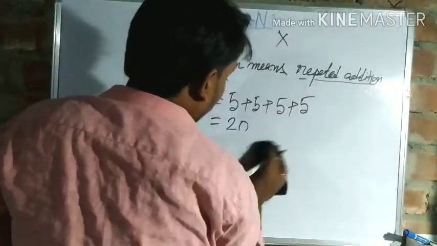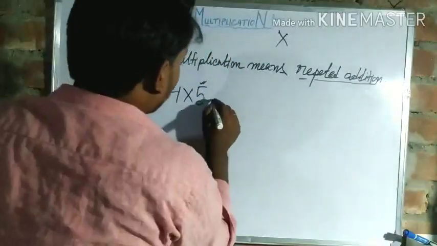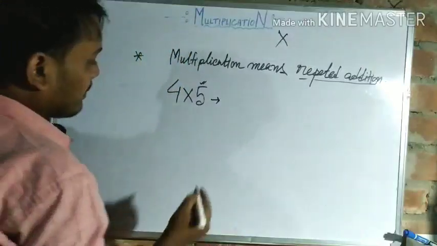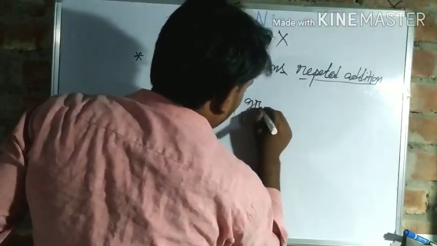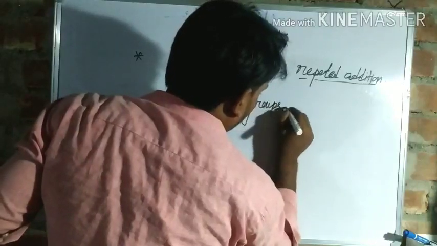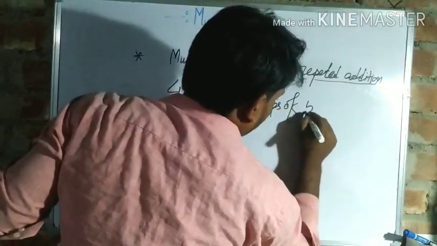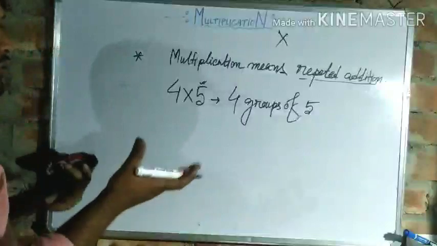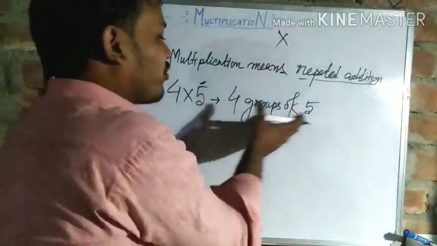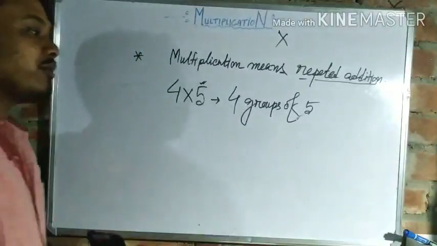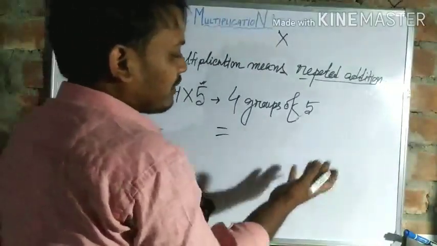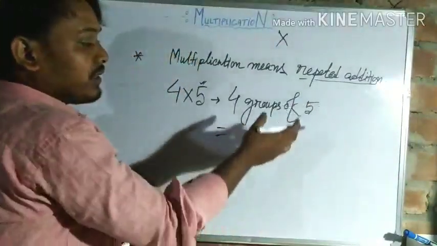Or in another way we can define multiplication. 4 into 5 means 4 groups of 5. 4 groups, each group containing 5 values.